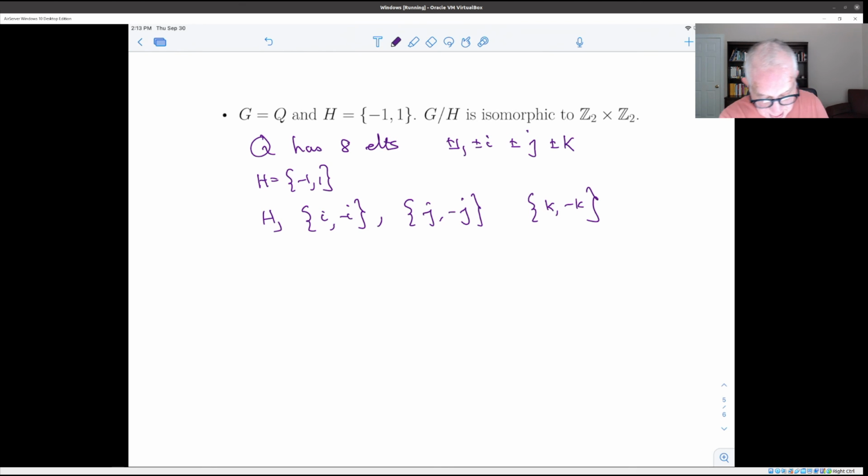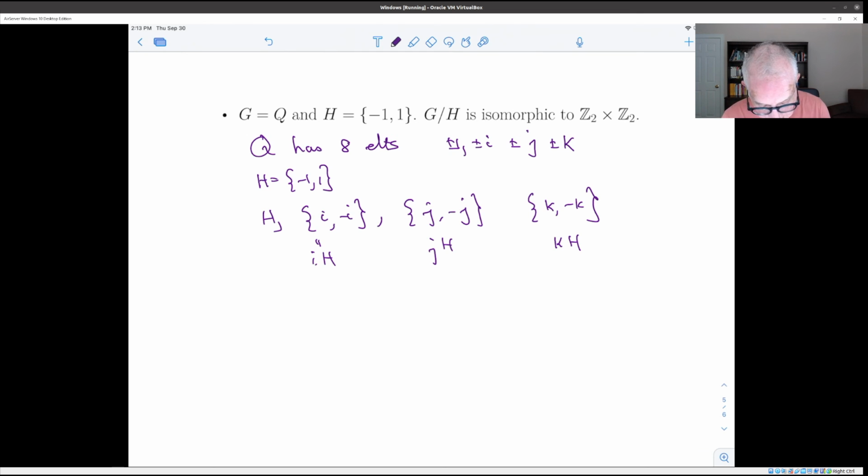So the cosets are like plus or minus i, plus or minus j, and plus or minus k together. And this is a group of order 4, and we already know that all groups of order 4 are abelian, and there's really only 2 possibilities. And here we can just compute to see what we get. So this is iH, this is jH, and this is kH.